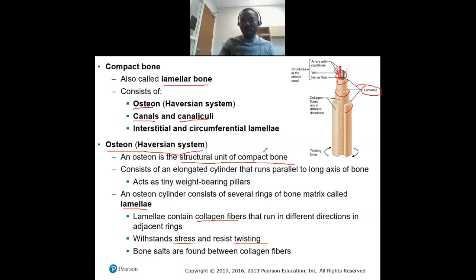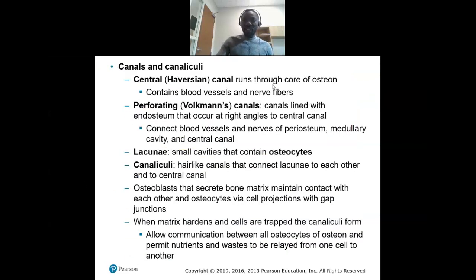Now, let's go. Good. Now we want to look at the central canal, and it will make more sense to you at this point. Now, the central canal, you know how we talked about when you have a cell, there will be a nucleus inside the cell.